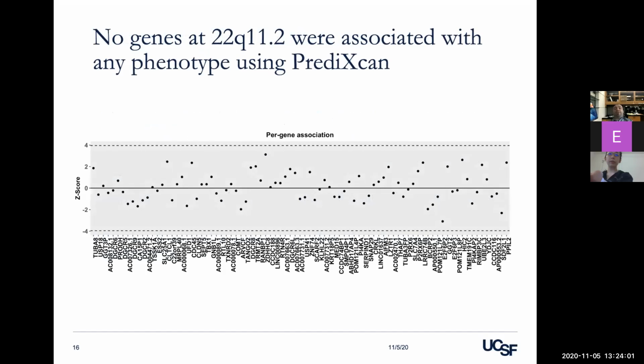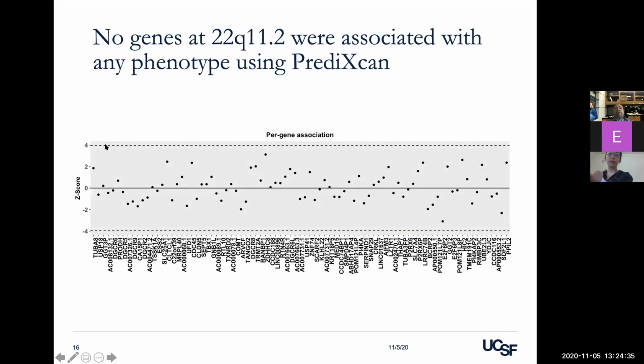So this is what the results look like. This is sort of like a two-sided Manhattan plot, if you've looked at those before. On the x-axis, we have the list of genes. This is for the 22q region on chromosome 22. We have a list of genes at the bottom, in order of where they appear on the chromosome. And on this axis, you have a z-score, which is a metric of statistical association.